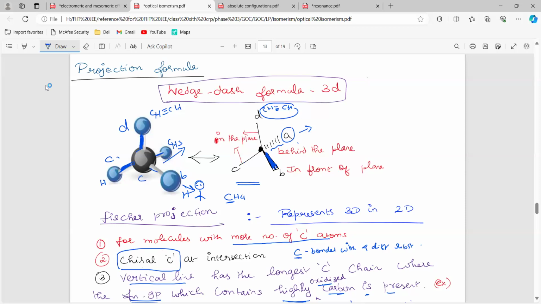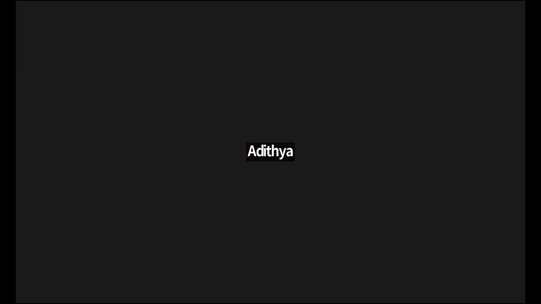Ma'am, the electromeric and mesomeric effect PDF alone is not there, ma'am. Everyone else can see it, but I'm not able to find it. Okay, I will make it visible. I think I have not enabled that. I'll make it visible, okay? Okay, ma'am. Thank you, ma'am. Bye.